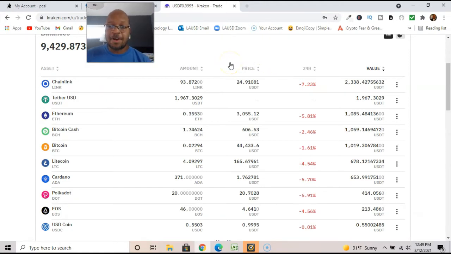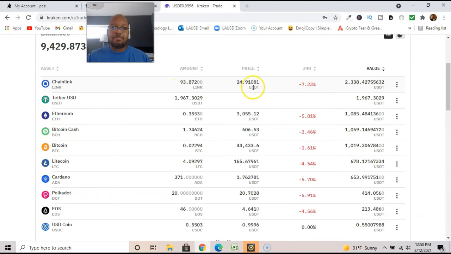Price. The price represents what the coin is worth right now in this particular moment in time. So Chainlink right now is worth $24.91 per Chainlink. I have 93.87 Chainlinks, so I take that number times the price, and that's my value.